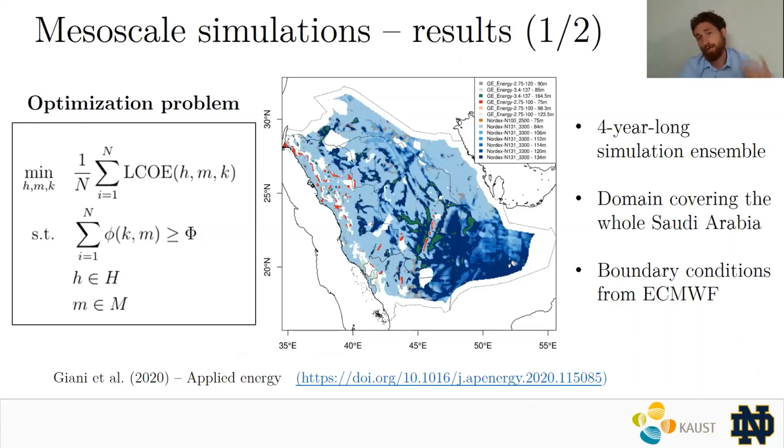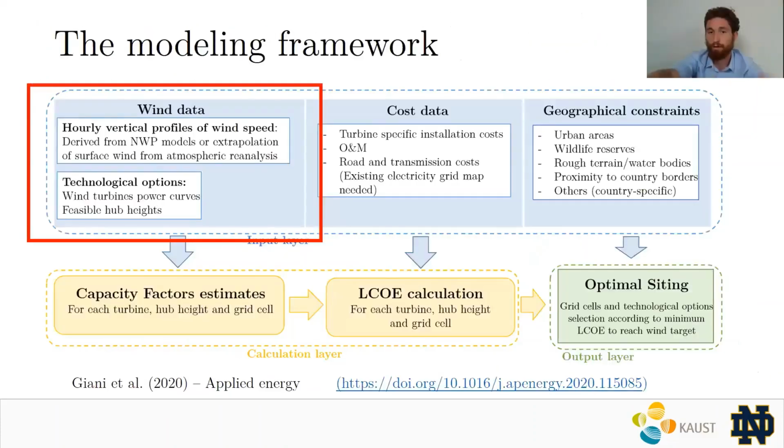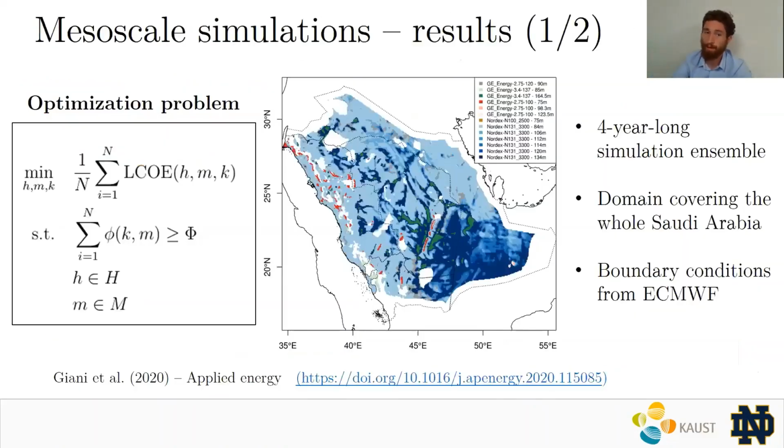So if you translate the modeling framework that I was showing before from words to math, what you end up with is an optimization problem. What we want to do at the end of the day is to minimize the so-called LCOE, the levelized cost of energy, which is the amount of money that you have to pay through the lifetime of the project per unit of energy that you're producing.